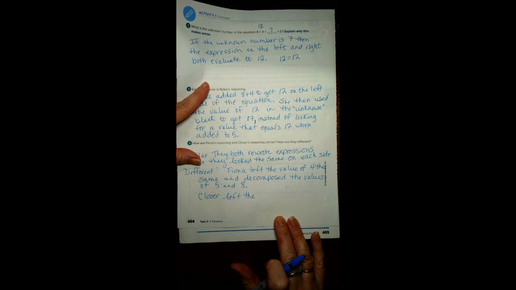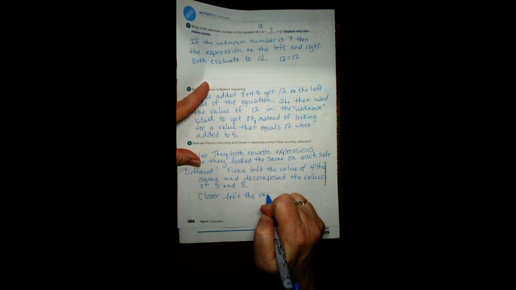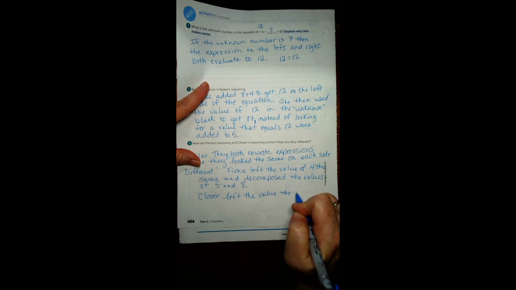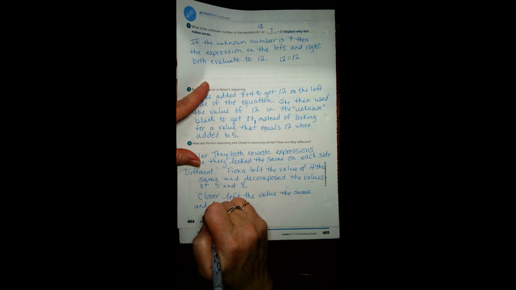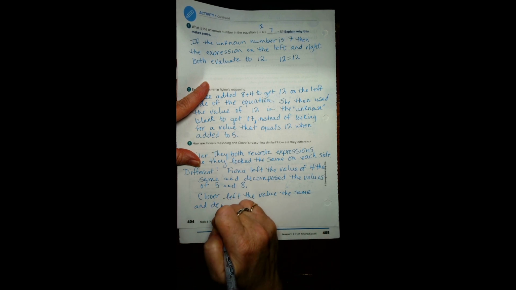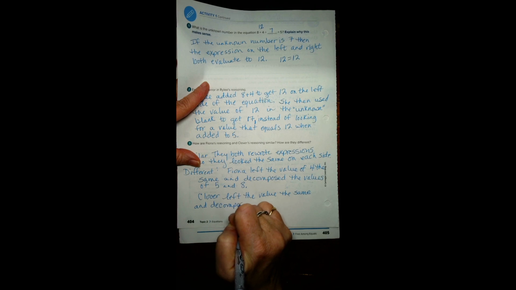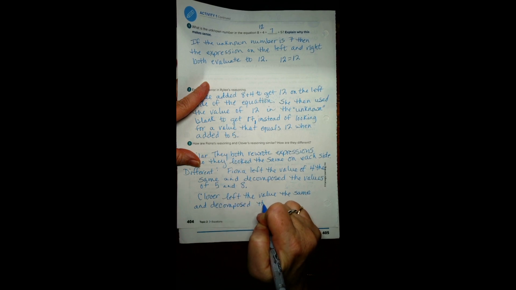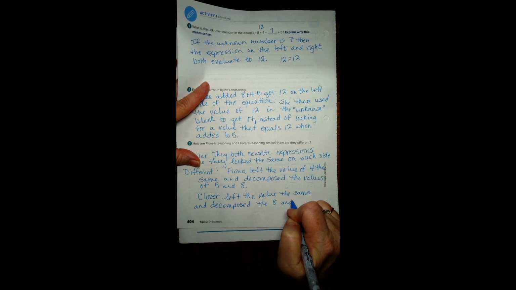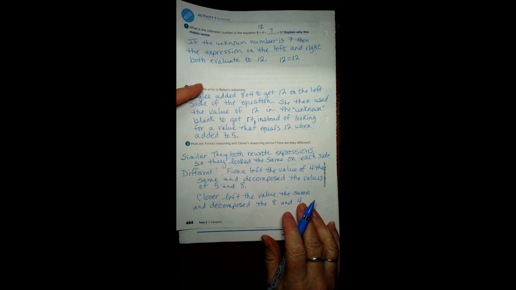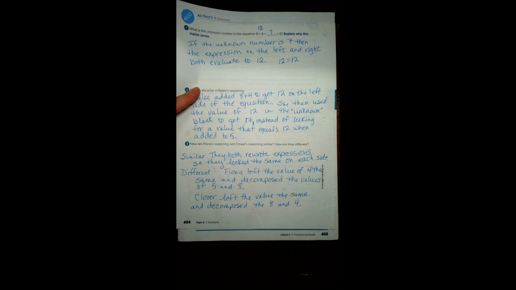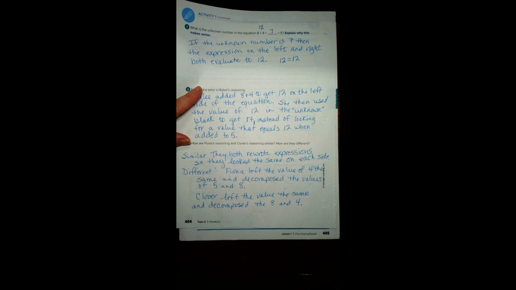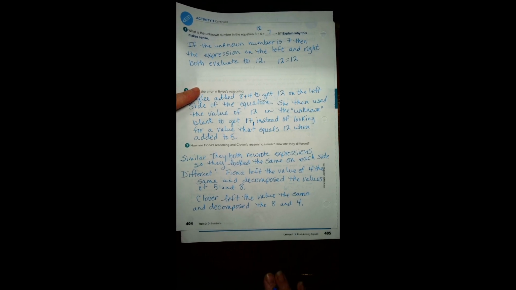Clover left the 5 value the same, and decomposed the 8 and 4. Okay, you should probably pause so that you can get that written. I'm so sorry that I did not realize I was still zoomed in there.